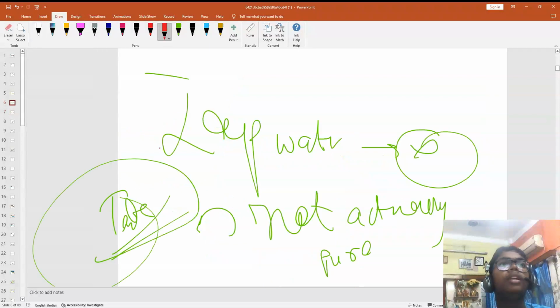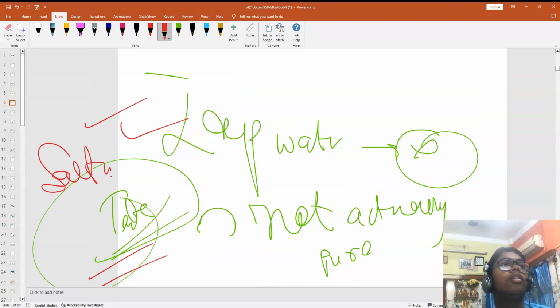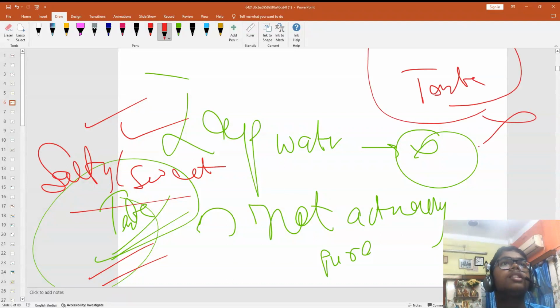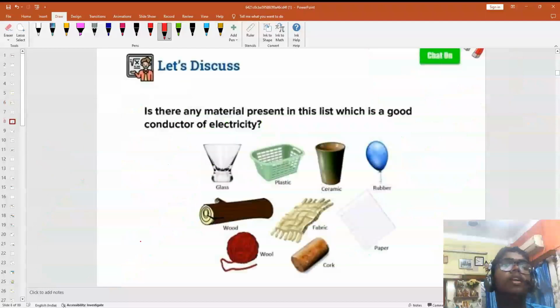But normal tap water, if you taste it, will taste salty or sweet, not so sweet, but some other taste will be there. So this shows that something is dissolved, because taste will not be there in pure water. A pure thing has no taste. So that's why tap water is a conductor, remember.